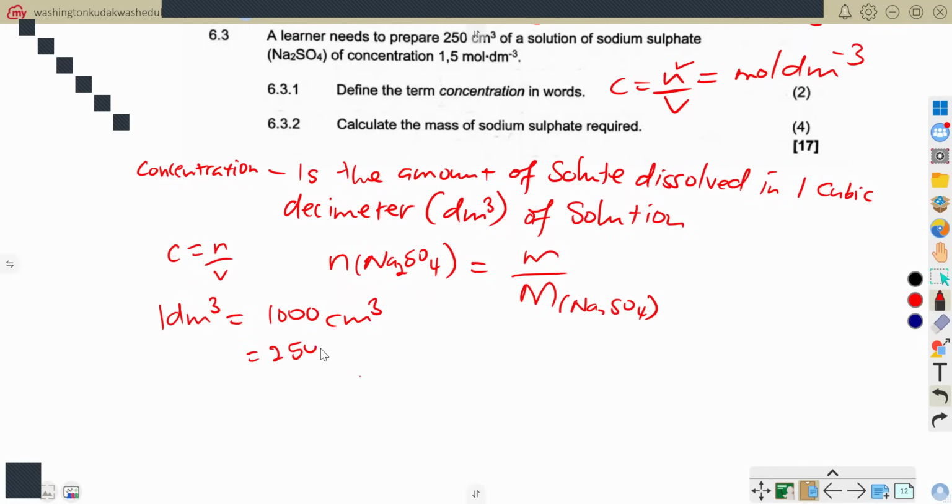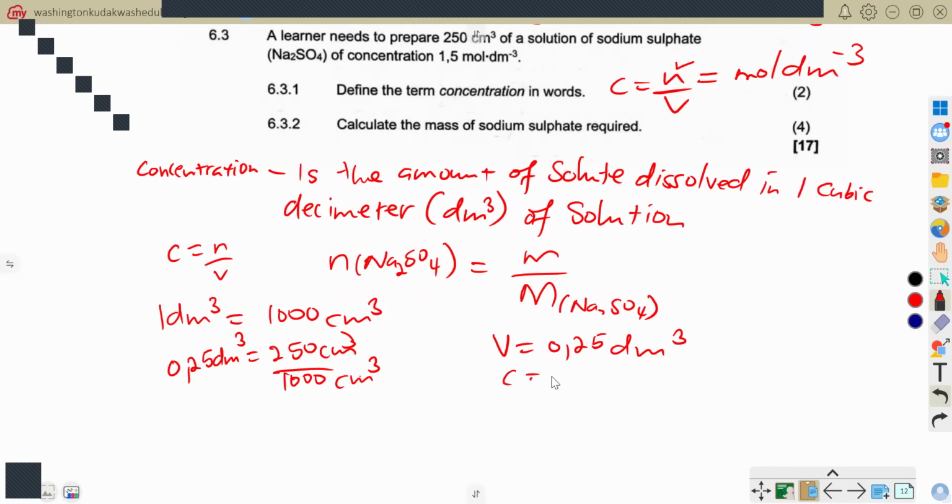So you divide 250 cubic centimeters by 1000 cubic centimeters to find the number of decimeter cubed in 250 cubic centimeters. This gives you 0.25 decimeter cubed. So your volume is equal to 0.25 decimeter cubed.